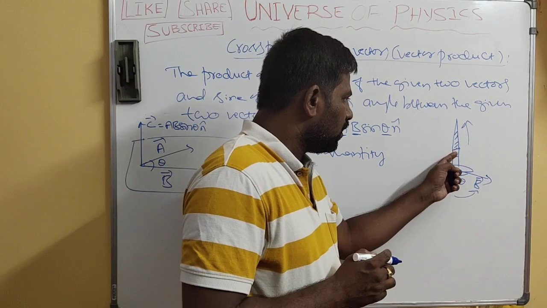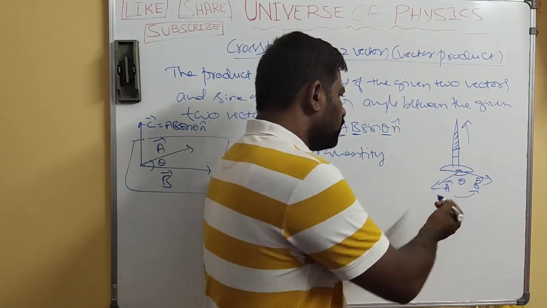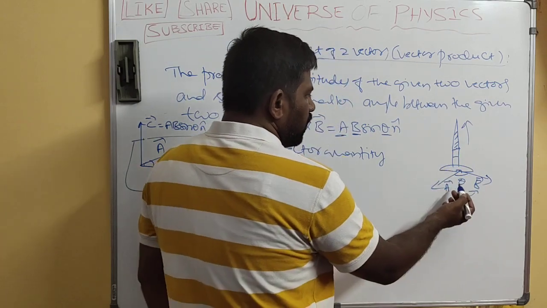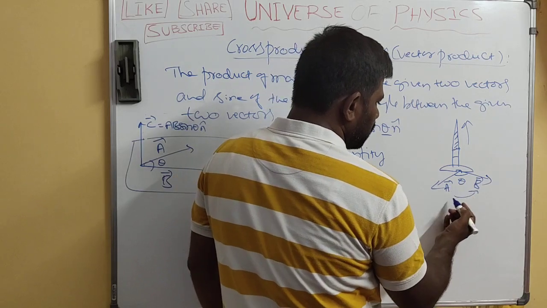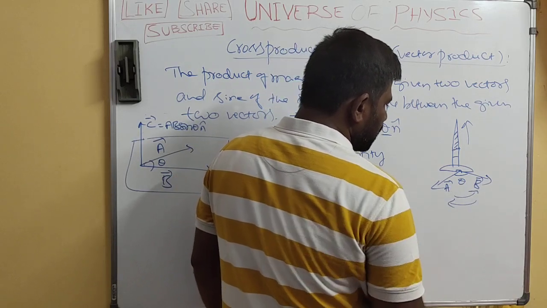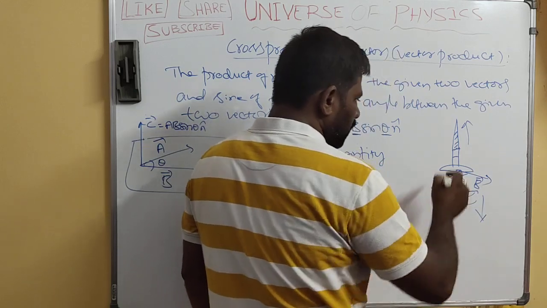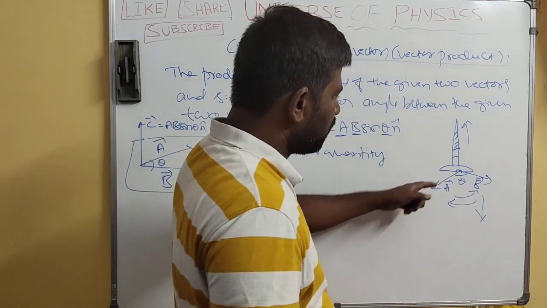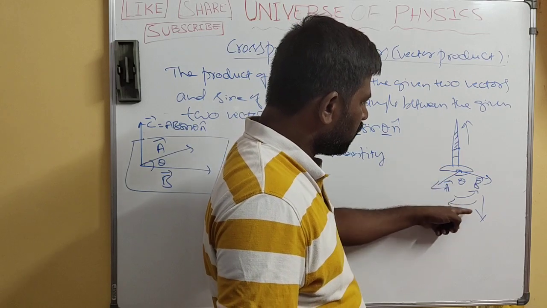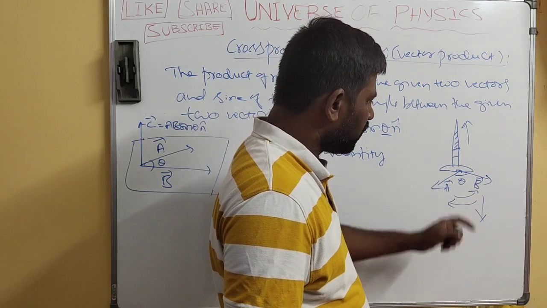Suppose if you rotate this screw from B to A like this, then the direction of the screw is downward. In the previous case it is upward, in the second case it is downward.